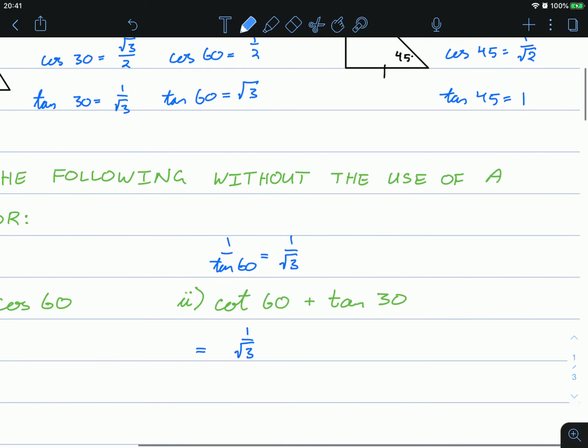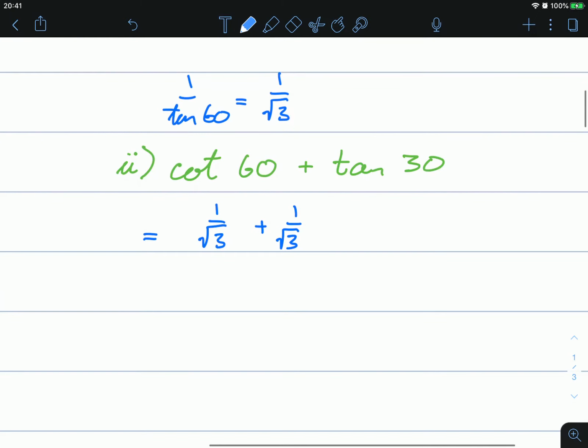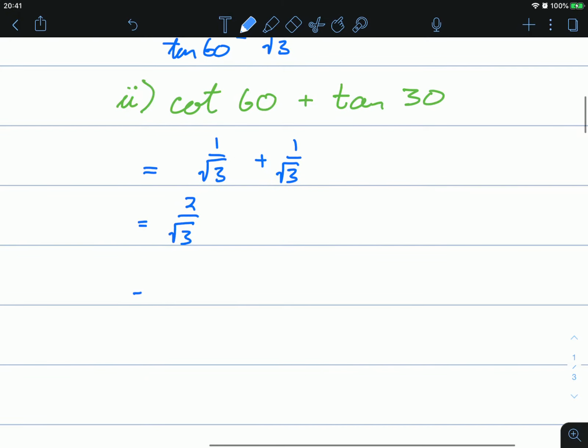And tan of 30 is also 1 on root 3, plus 1 on root 3, which, if we simplify, becomes 2 on root 3. And if we rationalize the denominator, it becomes 2 root 3 on 3.